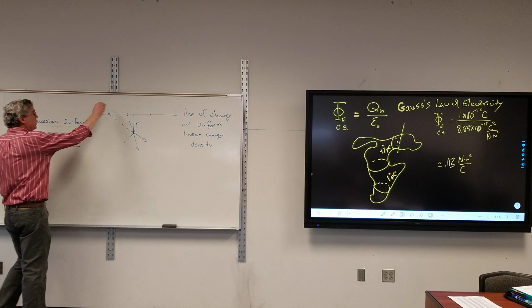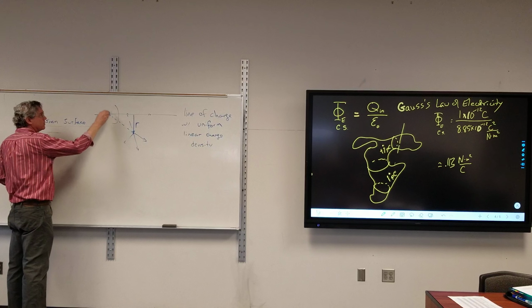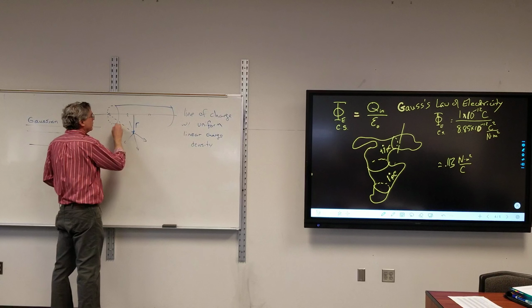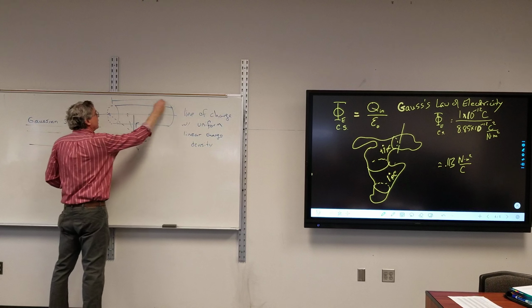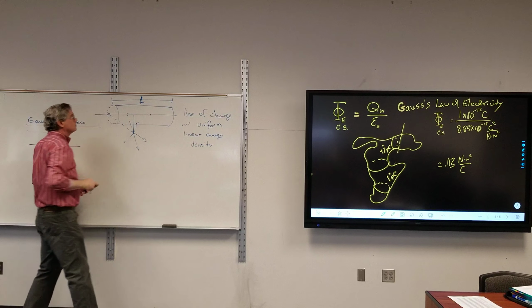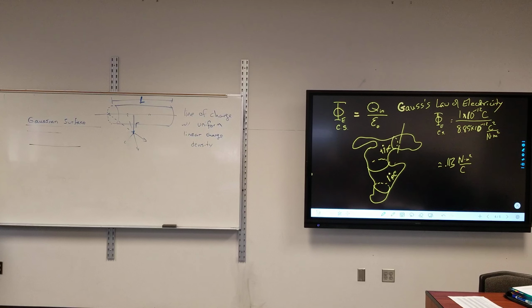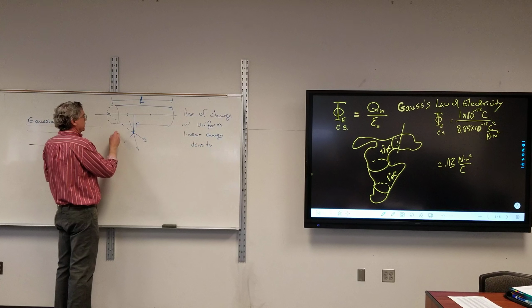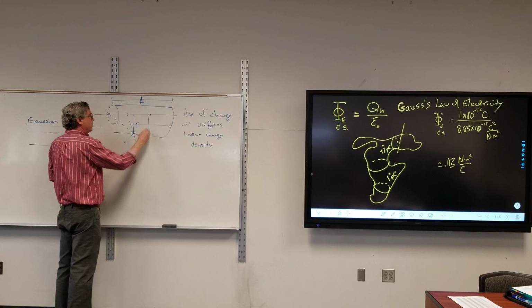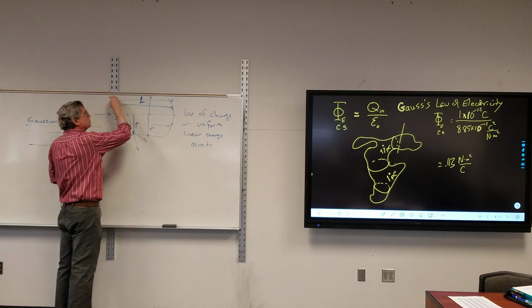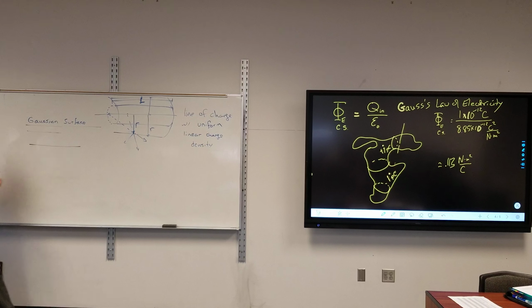So I'm going to create this Gaussian surface that's a cylinder, more specifically a Gaussian cylinder, that has a length L and a radius of R.